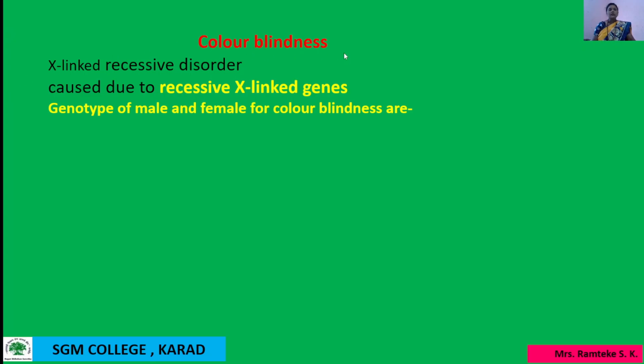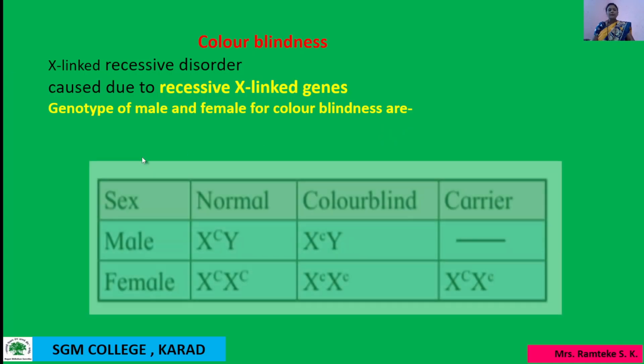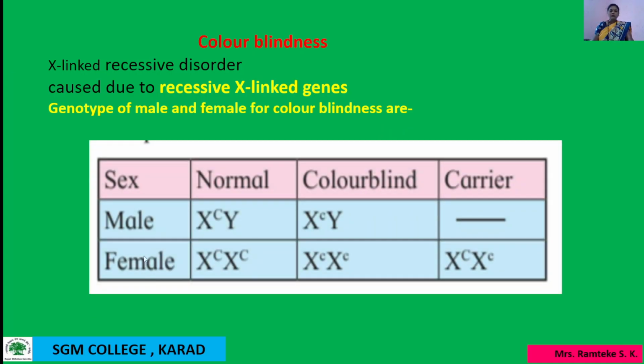तर हे जे कलर ब्लाइंडनेस जे डिसीज आहे ते डिसीज एक्स लिंक रिसेसिव्ह डिसऑर्डर मुळे होत असतं आणि इट इज कॉज ड्यू टू द रिसेसिव्ह एक्स लिंक जीन्स. सो द जीनोटाइप ऑफ मेल अँड फिमेल फॉर कलर ब्लाइंडनेस आर सी here again. So the sex male and female, so the normal male XCY and another female XCXC.